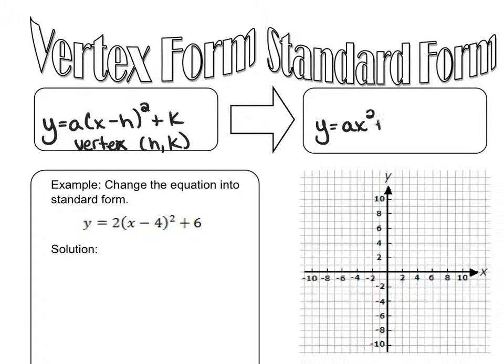Ax squared plus bx plus c, where a, b, and c are all just constants or numbers. And in this case, this is our y-intercept.